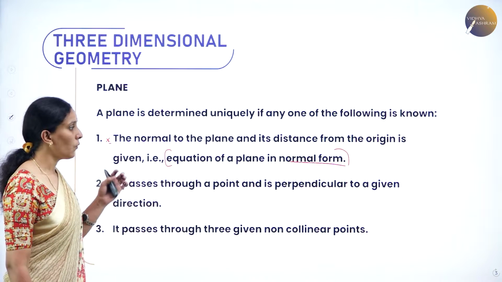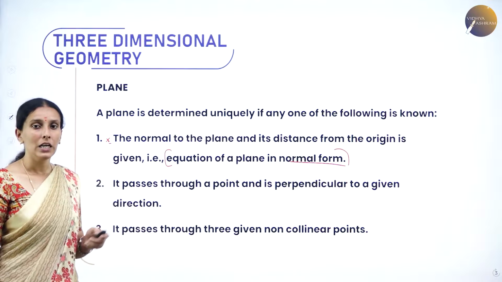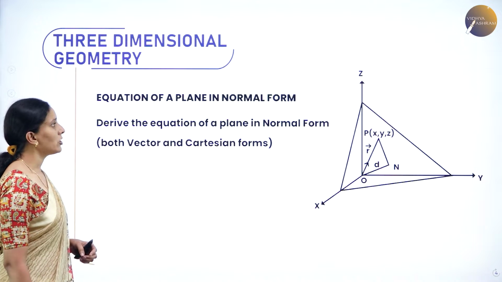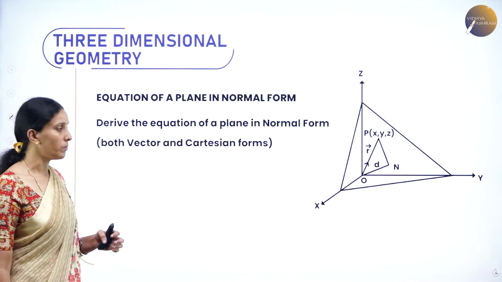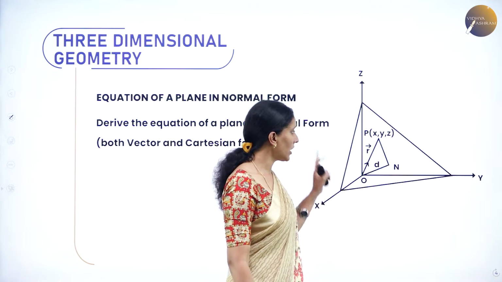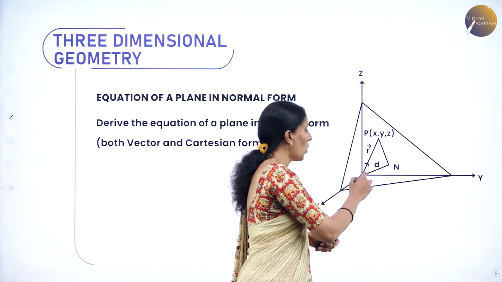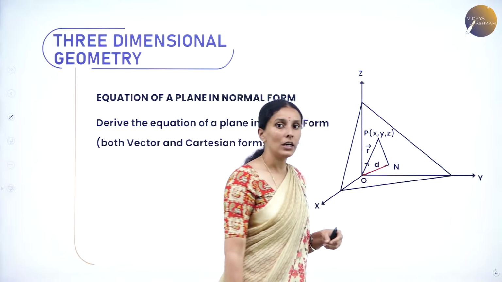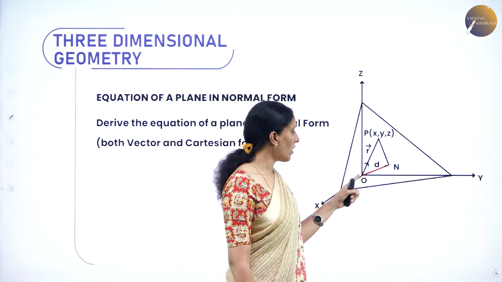So let's study the equation of a plane in normal form. Here consider a plane; I have taken a triangular plane. Let ON be the normal to the plane from the origin.